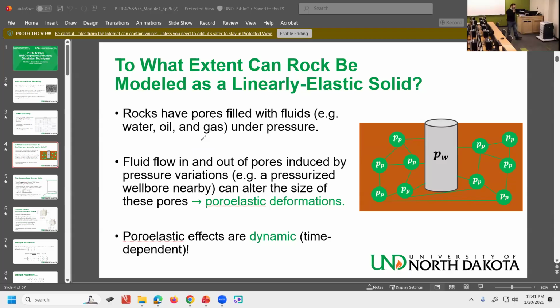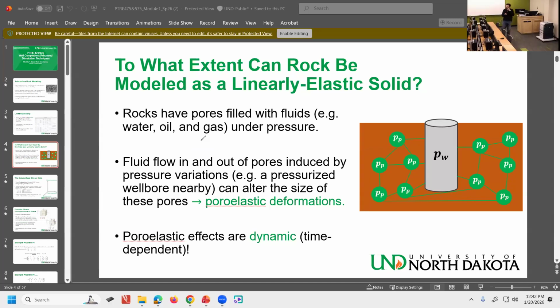Now, if I create a situation where the pore pressure, the pressure in the pores, is uneven, and the pores are connected, fluid will start trying to move from the high pressure pores to the low pressure pores. And this movement can affect the size of the pores.